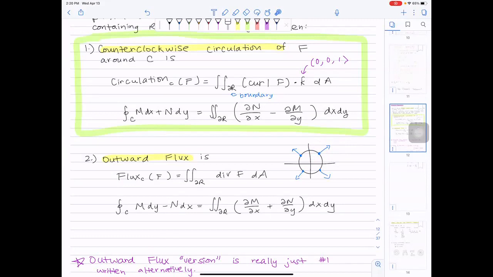I think for inward, if it was the opposite way, then yes, put a negative sign. I'm not sure if I've encountered that yet. Usually most of them are outward normal.